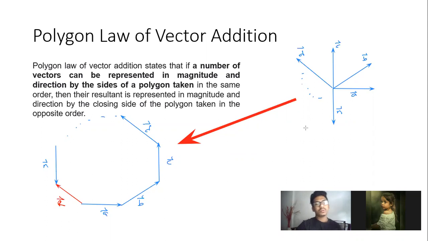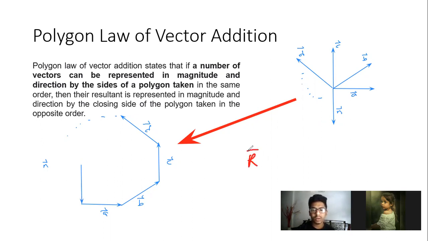Now here I'm going to give one small explanation. When we draw this polygon law of vector addition, suppose the nth vector, when we construct this polygon, the ending point of the nth vector coincides with the starting point, right? So what can you tell about the resultant in this case?